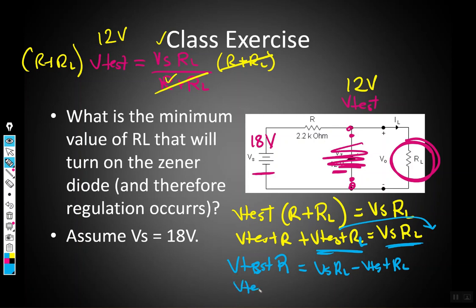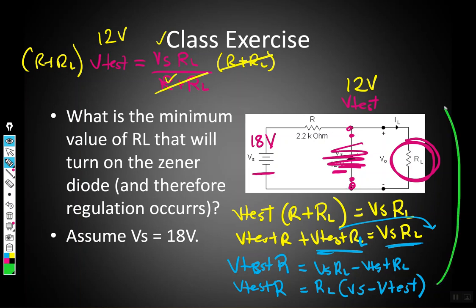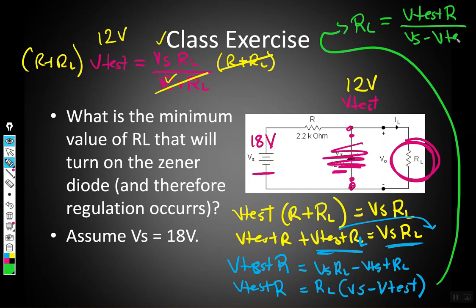So VTest R equals RL times VS minus VTest. Okay, and now in order to get RL by itself, I'm going to divide both sides by VS minus VTest, which will cancel it out of the one side here, and the final equation that I end up with, I'll write it up here: RL equals VTest times R divided by VS minus VTest.